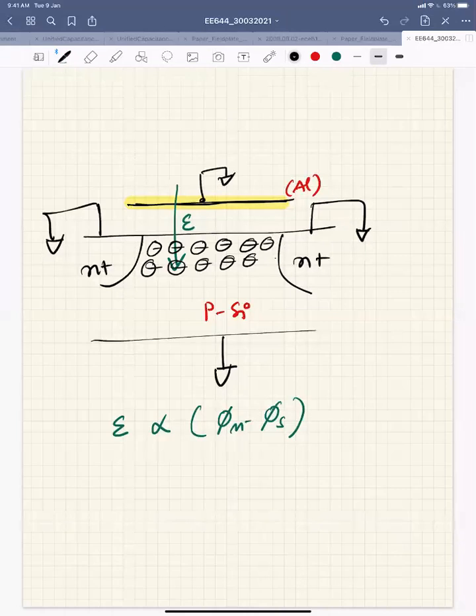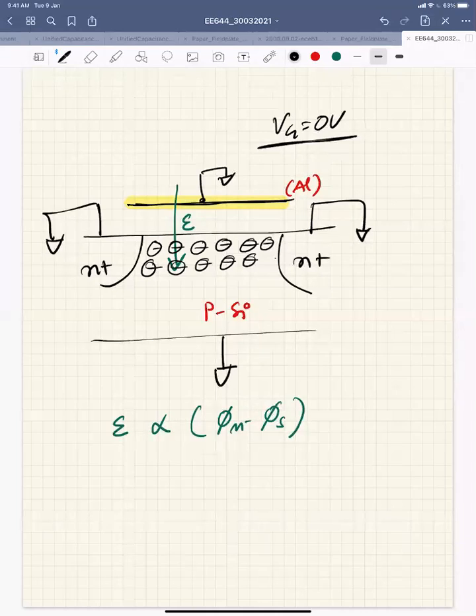So what does it tell you? It tells you that even if I am not applying any gate voltage, because of the work function difference, I already have some negative charges here, right? So at Vg equal to 0 volt, I already have some negative charges. What does it mean?